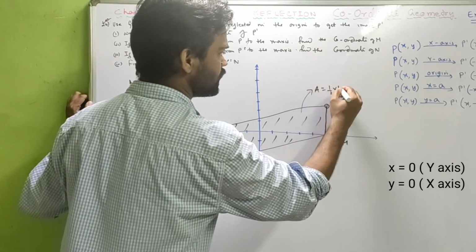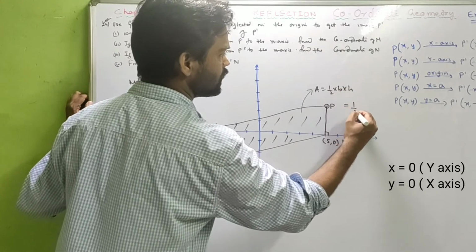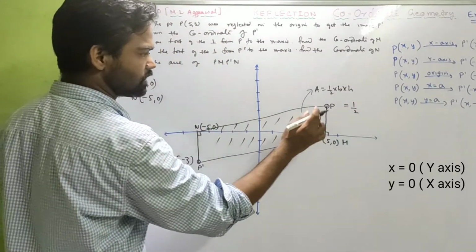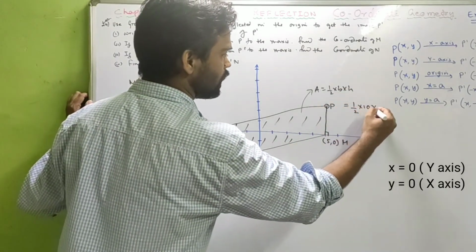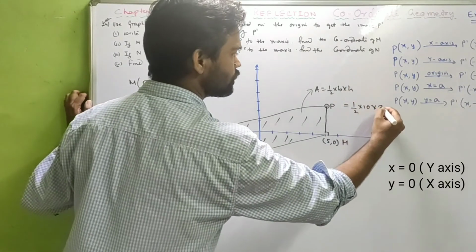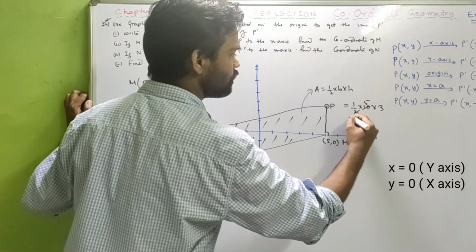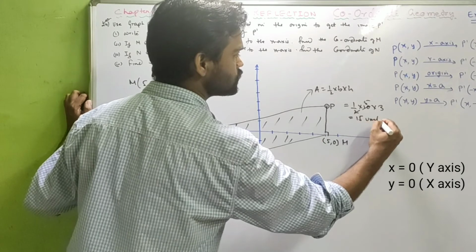half into base into height, and if you look carefully, the base is 10 and the height is 3, so that's 15 unit square.